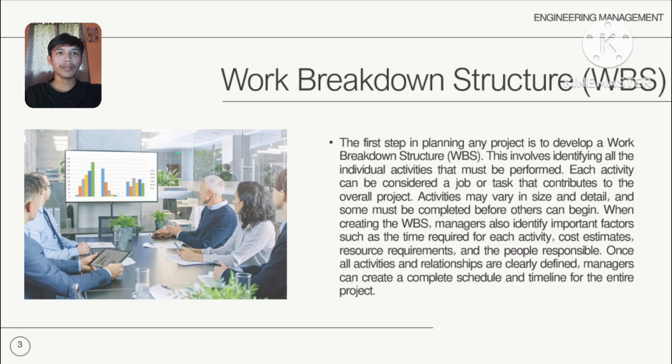This WBS is not just a checklist, but a logical map that defines precedence relationships, clearly establishing which activities are predecessors that must be finished before subsequent tasks can begin. Once this structure is complete and every dependency and initial time estimate is gathered, the manager chooses the appropriate network technique, which is PERT or CPM.